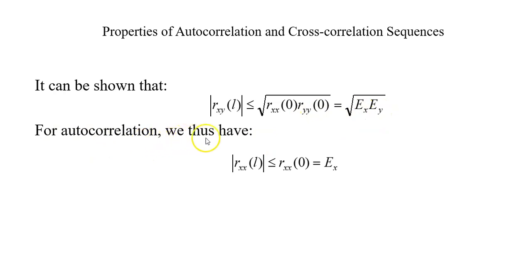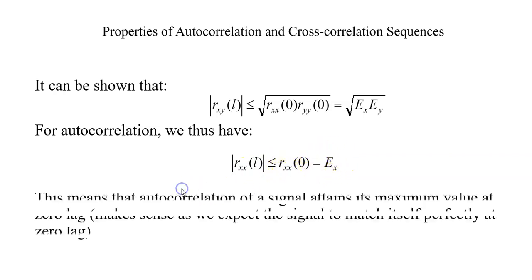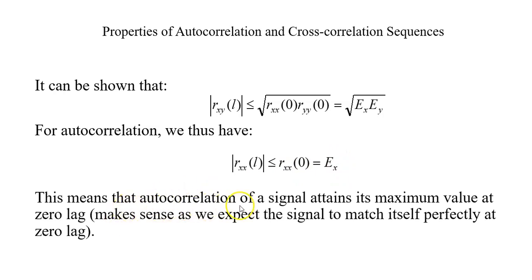And for autocorrelation, the absolute value of the autocorrelation of x is less than or equal to the autocorrelation at 0, which is the energy of x. This means that the autocorrelation of a signal attains its maximum value at 0 lag. This makes sense, as we expect the signal to match itself perfectly at 0 lag.